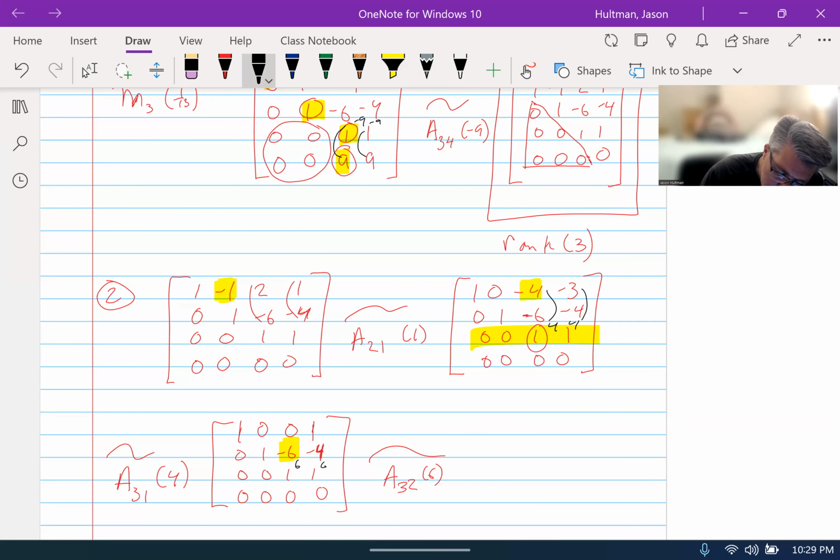And then I'm going to add those two to the row above, and the zeros in front of that row, they don't affect it.